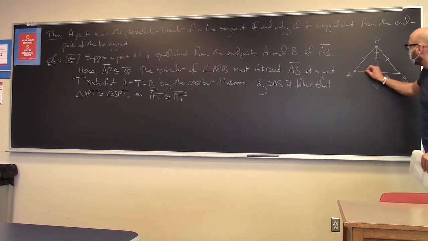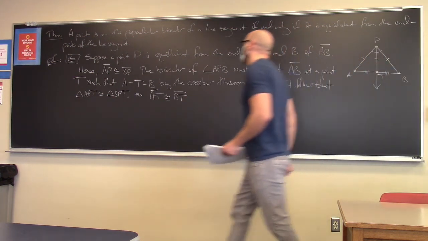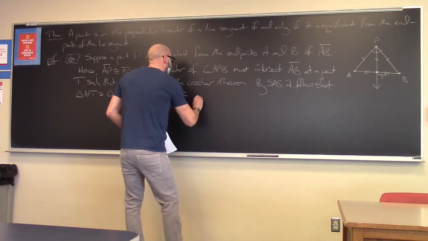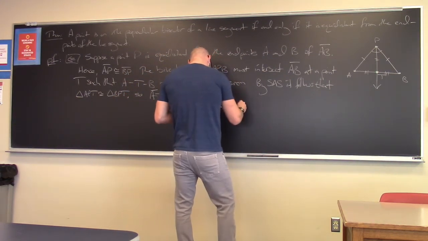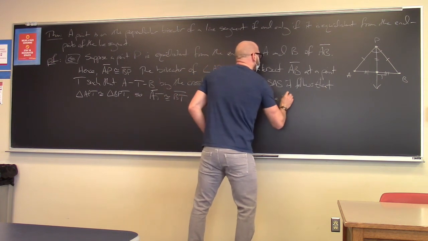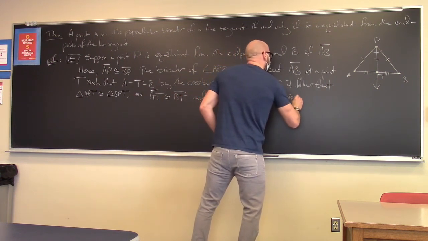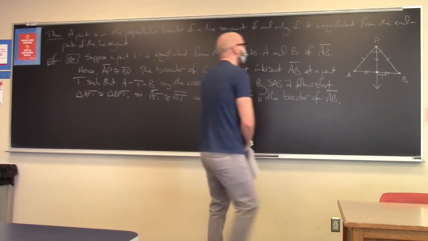Well, since these are the same length, then T is the bisector of this side, AB, right? So AT is congruent to BT, and therefore, this thing we've drawn, PT, is the bisector of AB.